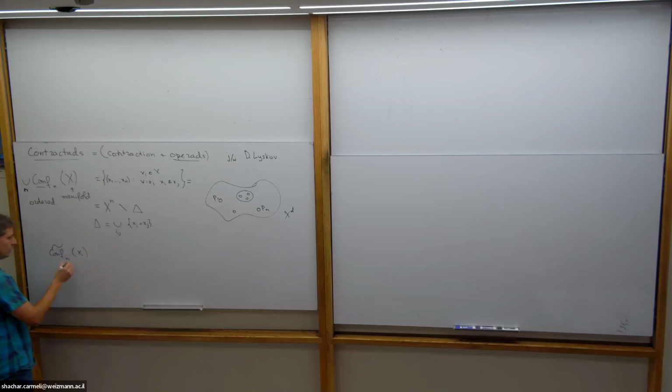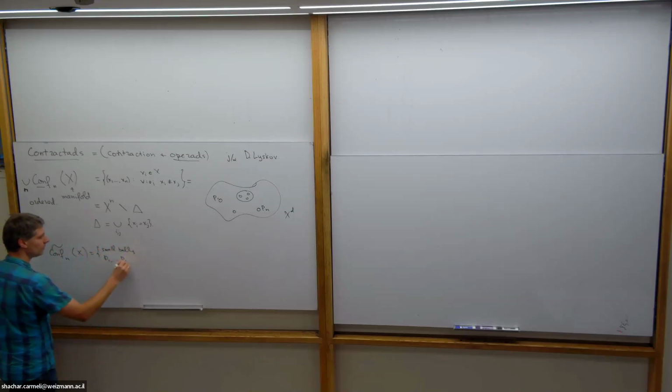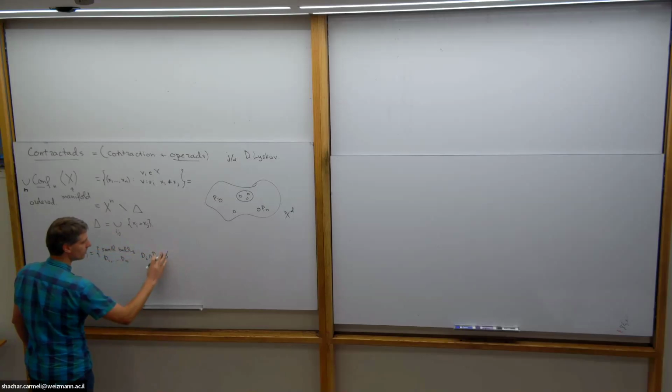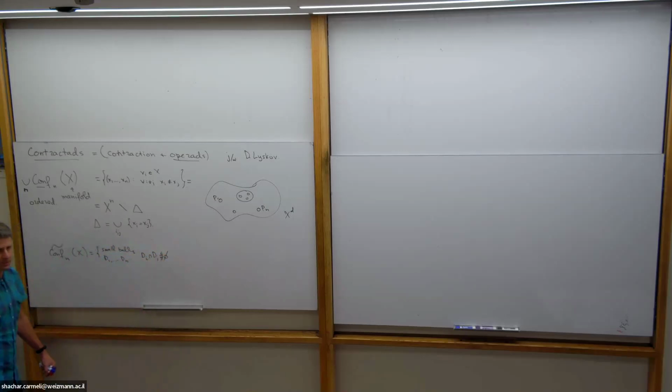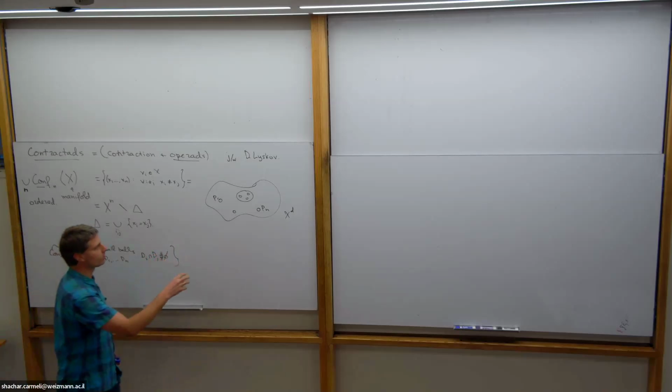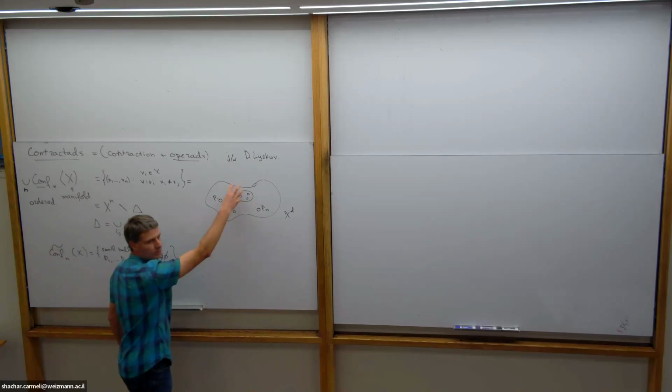This will be the union of small balls D1 up to Dn such that Di does not intersect Dj, the intersection equals the empty set, so they do not intersect. And then on this you have a nice operation: you can substitute one ball into another one.